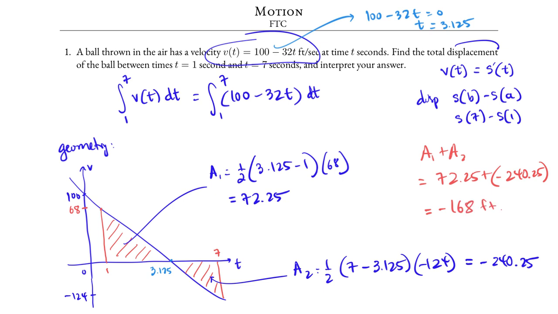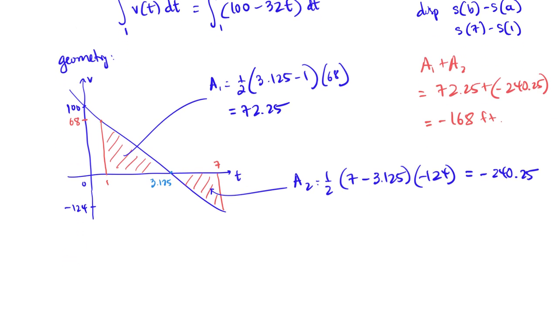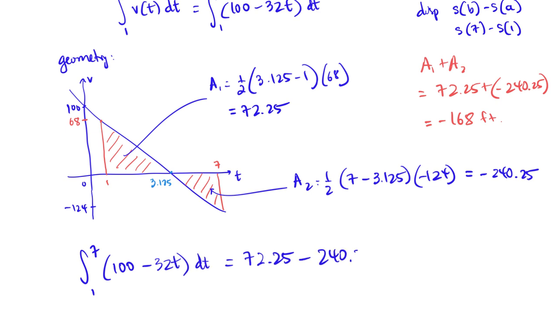And so we just computed the integral of the velocity from 1 to 7, where the velocity is 100 minus 32t dt, equals 72.25 minus 240.25, and that will give a negative 168 feet using geometry.